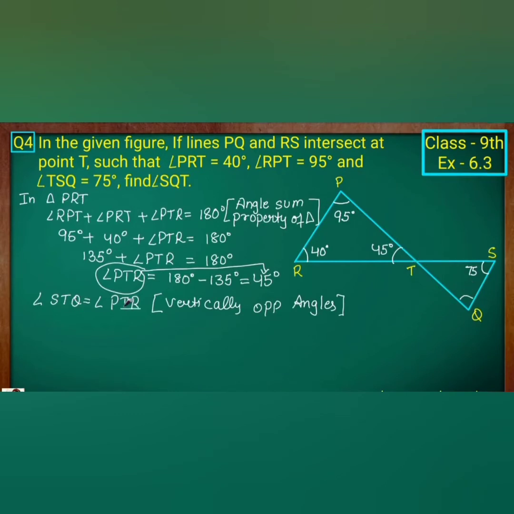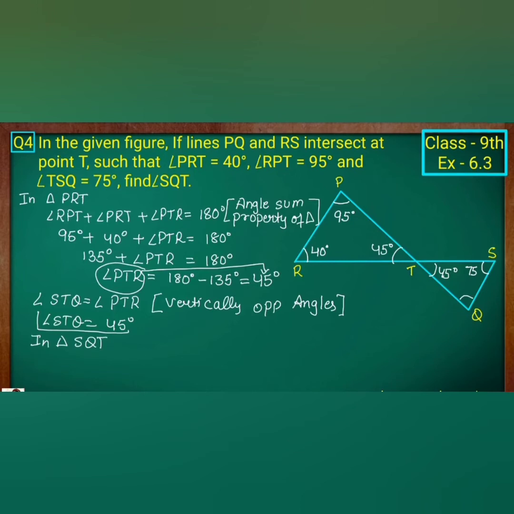Okay students, now just concentrate on the second triangle TSQ, right? Here, the vertically opposite angles are equal, which means angle STQ equal to, of course, 45 degree, because the vertically opposite angles are equal. Now we have to find the value of angle SQT, right? So let's select the second triangle TSQ. Here we can use the angle sum property to find the value of SQT.